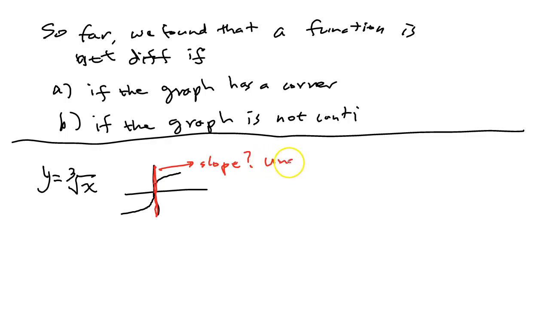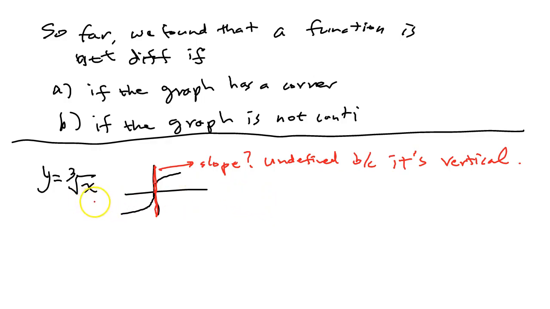Well, the slope is undefined because it's a vertical line. You can actually compute the derivative and show that it's undefined.